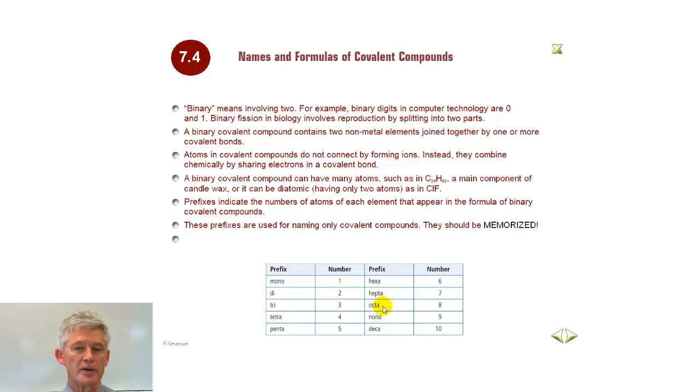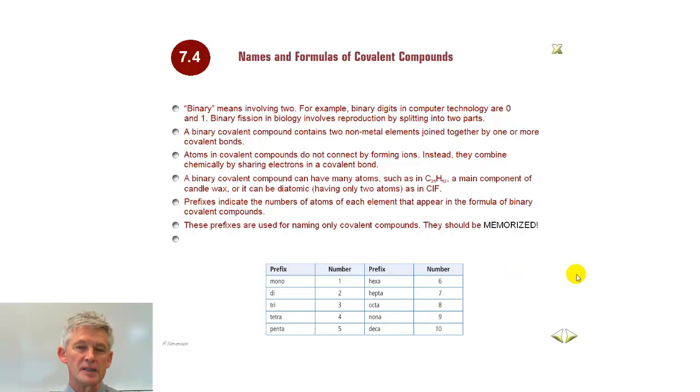This is for you piano players, or octopuses, octopi, 8 legs, an octave, 8. A better one is in this chapter even, the octet rule, where elements are trying to have 8 electrons in their outer shell to be like the noble gases. How about nona, 9, and deca, 10?